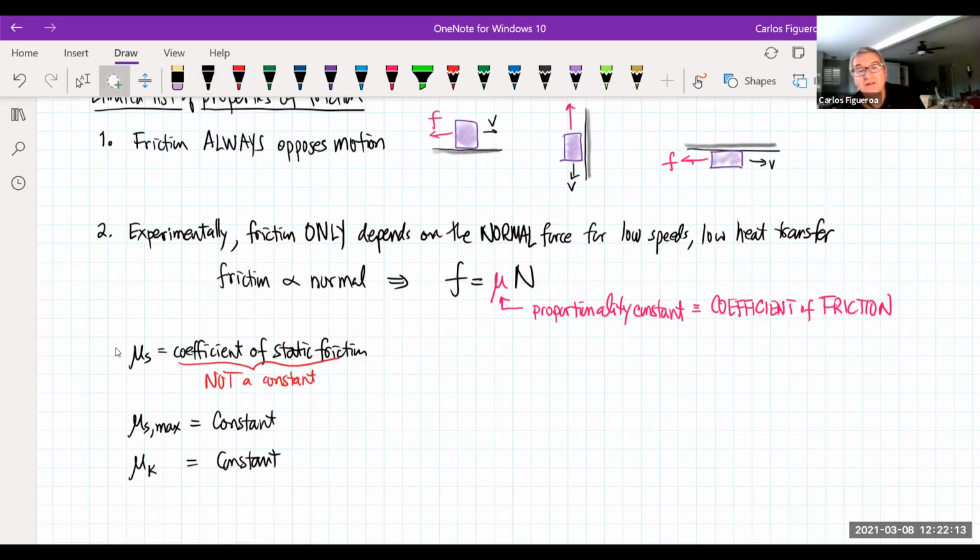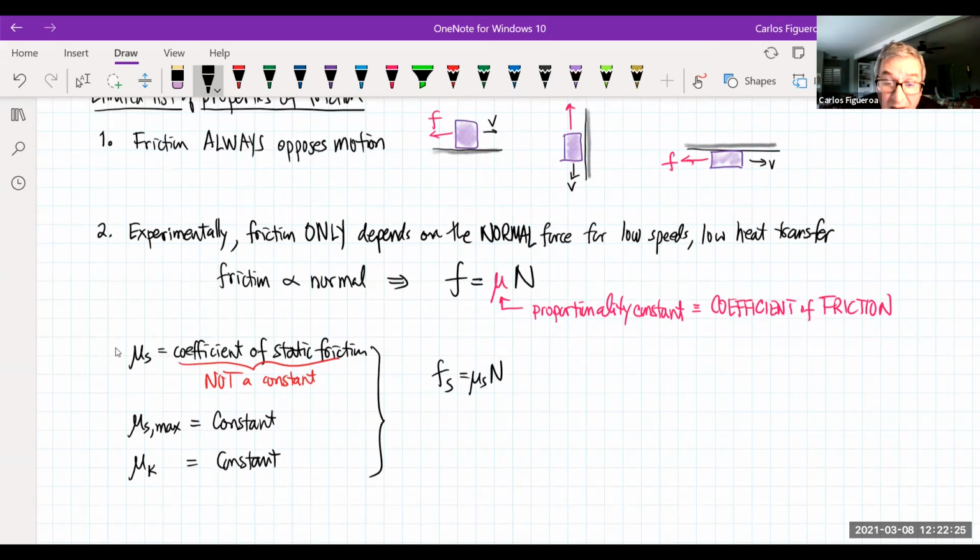So in essence, there's really three frictional forces, if I could say it that way. There's f of s, which is mu of s times the normal, and of course, we already said this is a variable force.